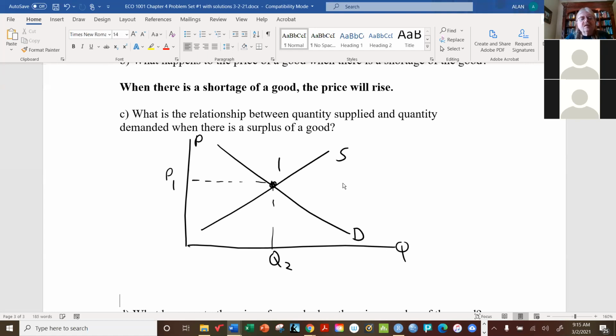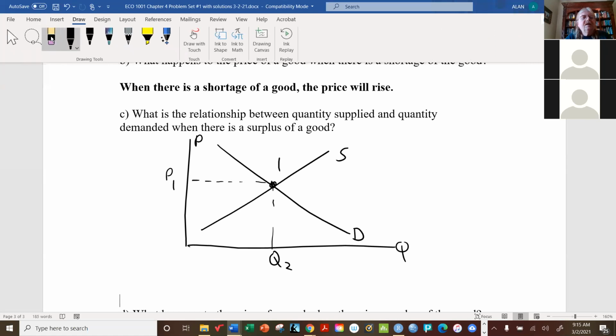But unfortunately, whoops, Q1, and also this one is going to get in the way. Let me move it over here. All right, so, but the price is too high for some reason. The seller is asking too much.